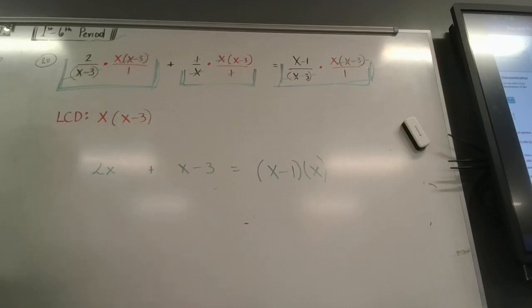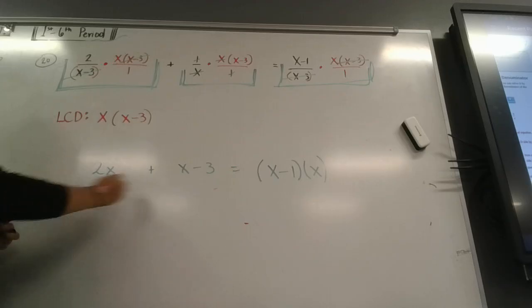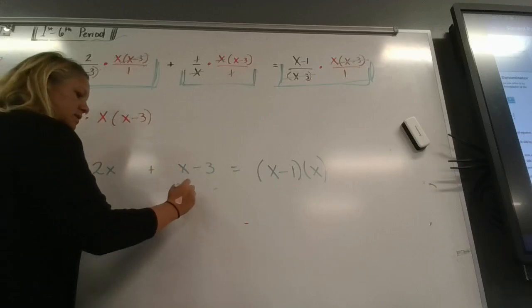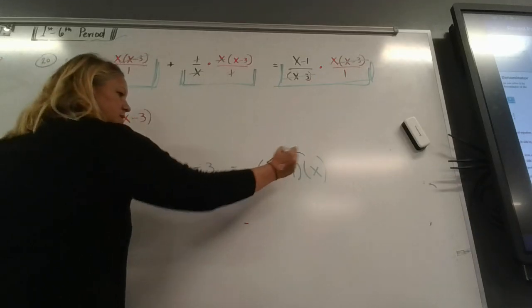A lot of times just rewriting it. If it's x squared, set it equal to 0 and factor it. So I'm going to add the 2x and the x to get 3x and distribute.